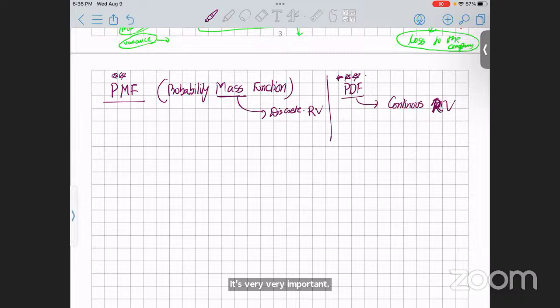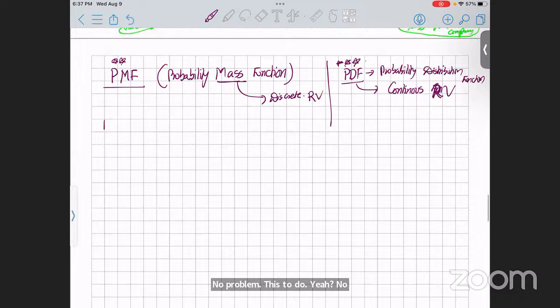PDF is for continuous random variables, and probability mass function is for discrete random variables. Clear?